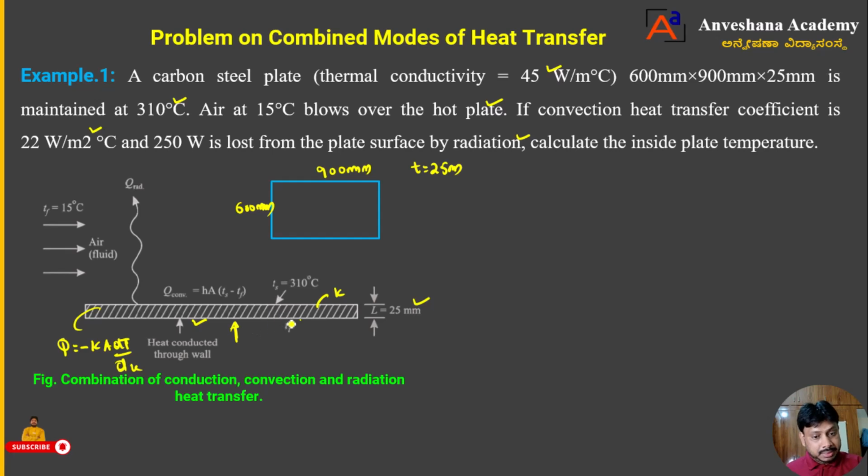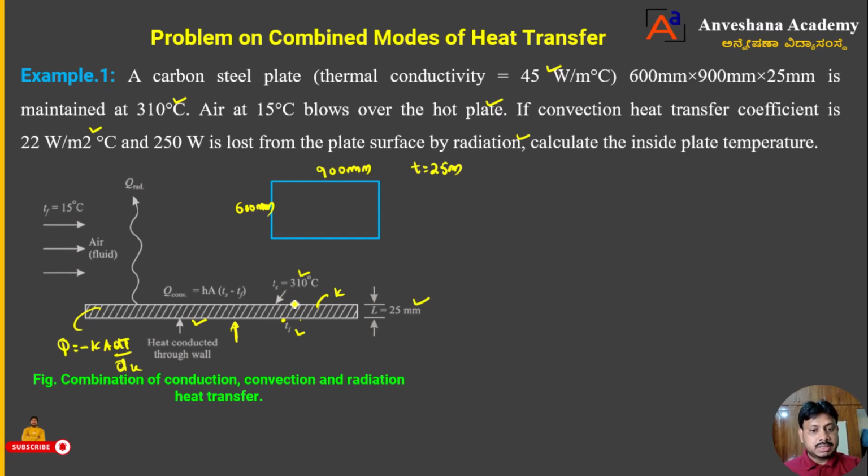Now when it is a plate, right, it is having inside here, at this point, a temperature. The temperature I will mark here as Ti, or inside temperature of the plate, and at the top of the plate the surface temperature is maintained at 310 degrees Celsius because heat is going to transfer through the metal plate. Then heat is going to transfer from Ti to Ts, but he has given Ts.